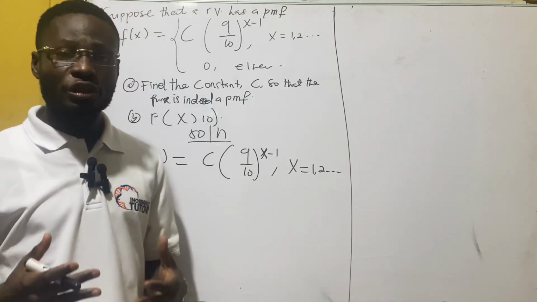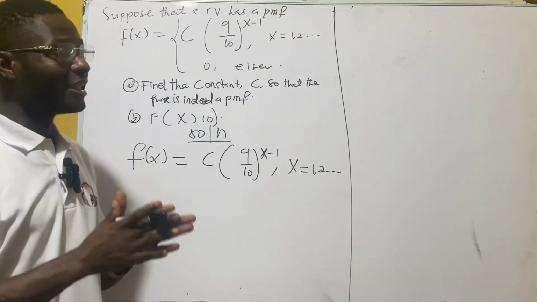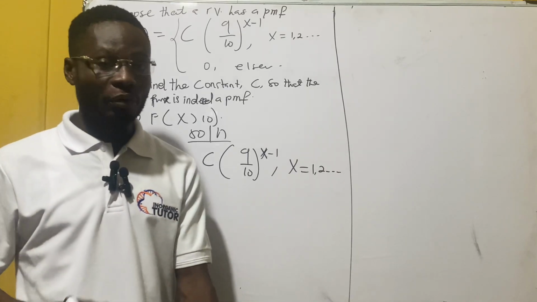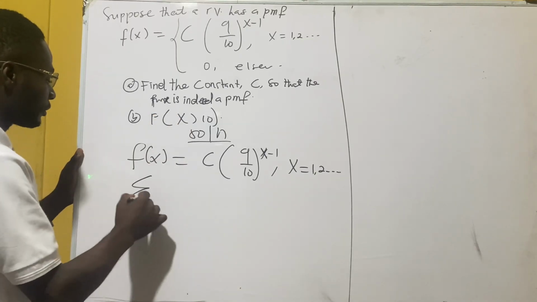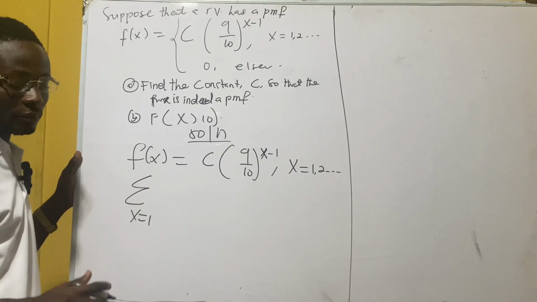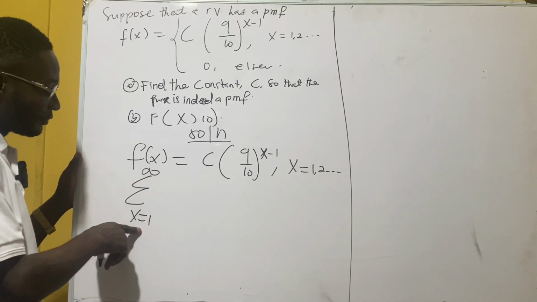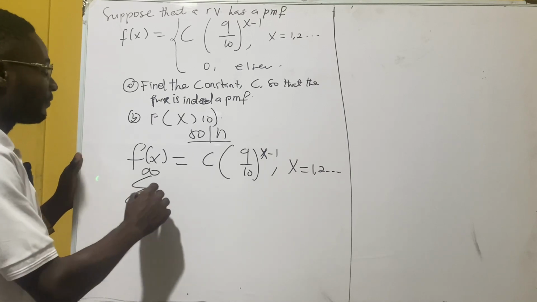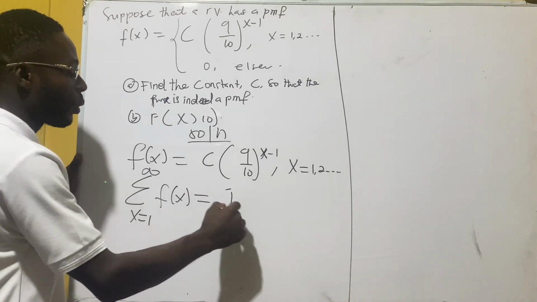So this is a continuous PMF. If you want to handle it, you have to know that the summation of the function from x equals 1 to infinity of f of x should be equal to 1.